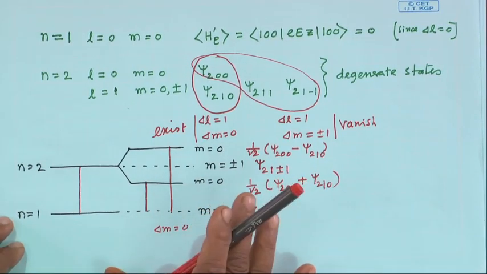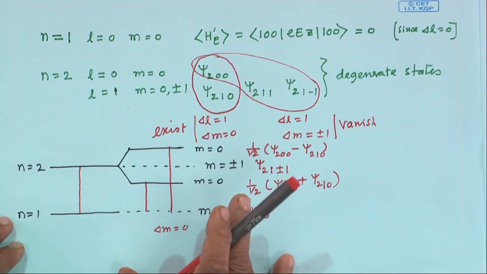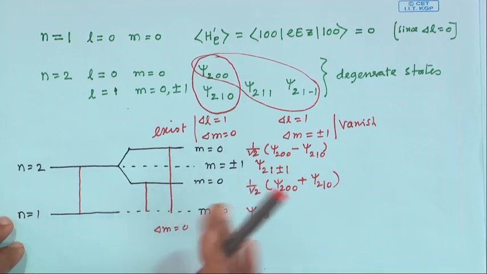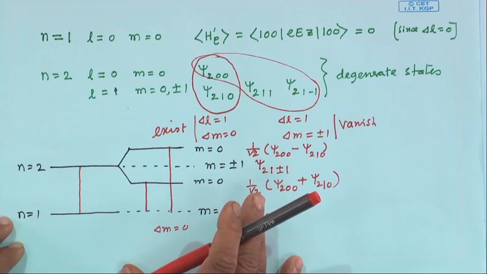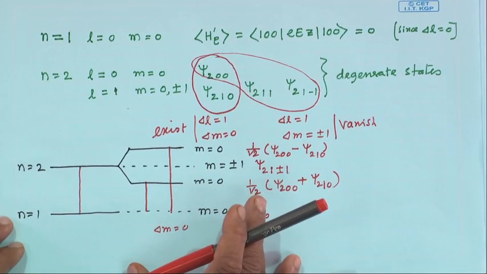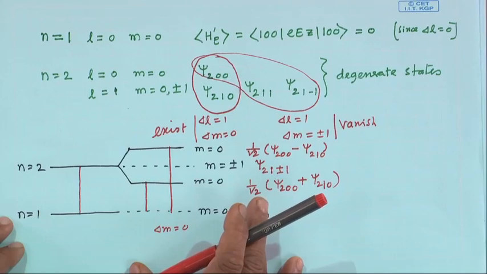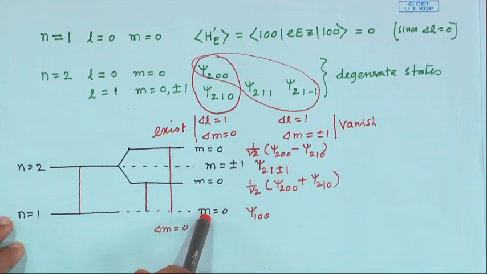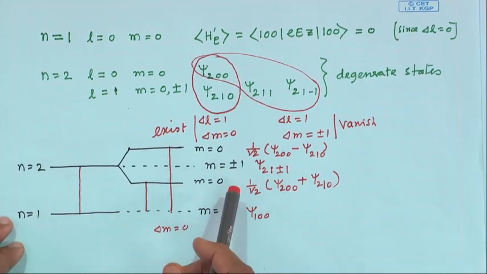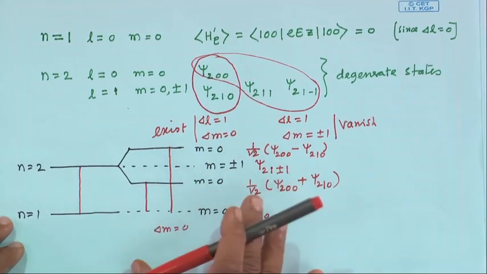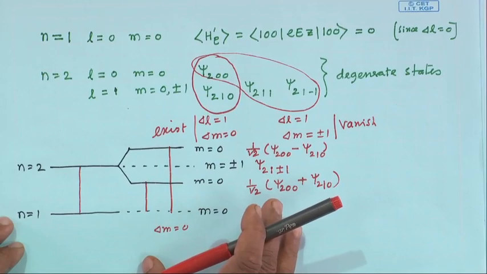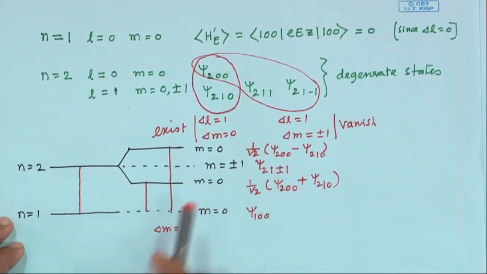I could tell you following the logic without calculating in detail, because the calculation would be difficult for an undergraduate student without knowing advanced quantum mechanics. But hopefully I could give you some flavor of the effect of electric field.